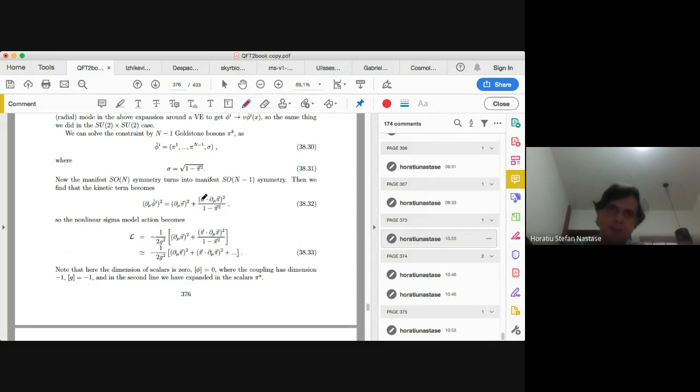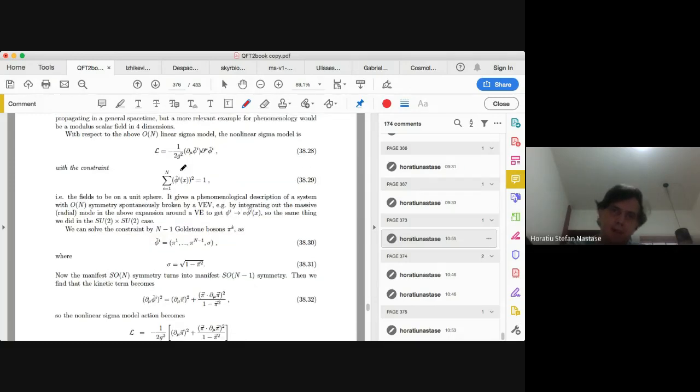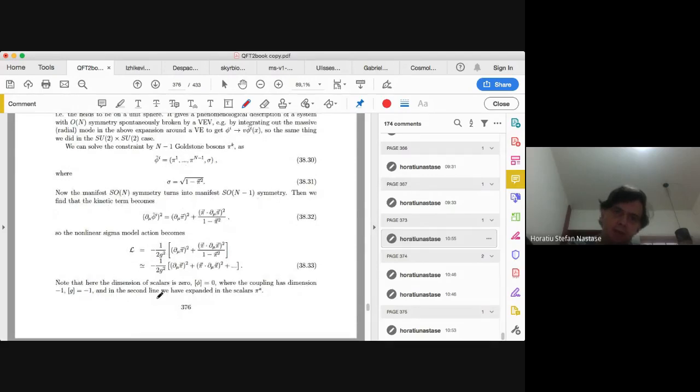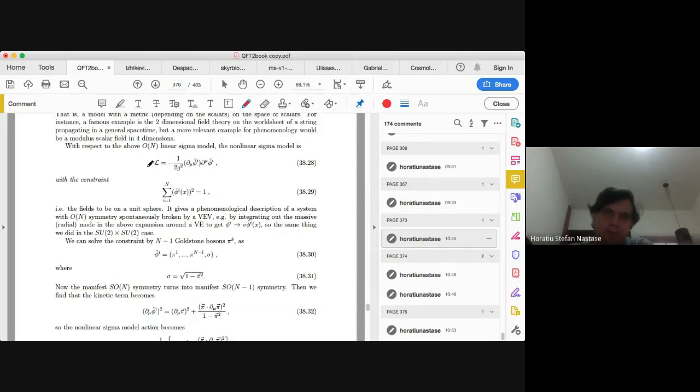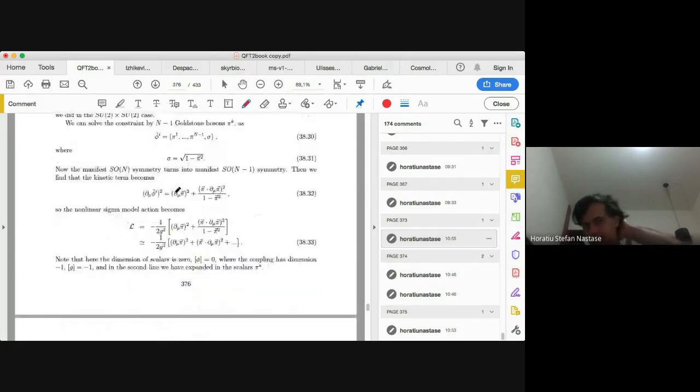In this Lagrangian, I've used fields of dimension 0 by rescaling with the vacuum VEV. And to have the correct dimension for the Lagrangian, this coupling G is actually the VEV, and it has a dimension -1.